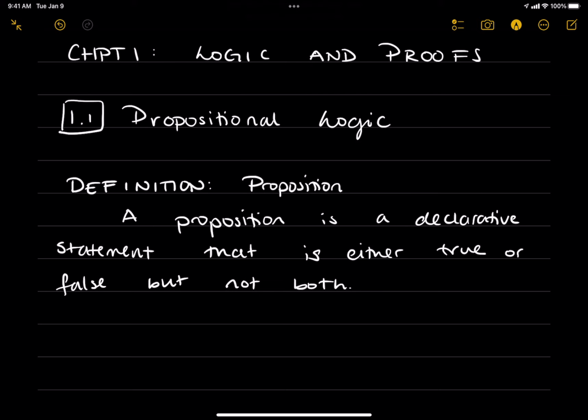Okay, so there's a couple different important pieces to this idea. The fact that it's a declarative statement, so you can't have a question or anything. And the other important piece is that it's either true or false. So its truth value is unambiguous.